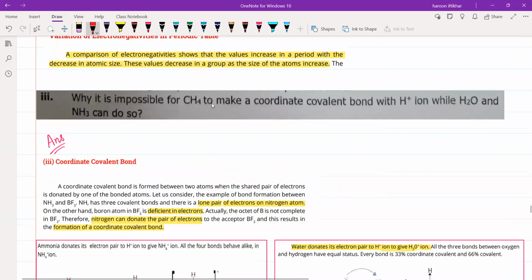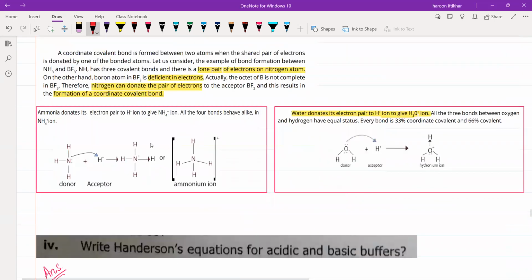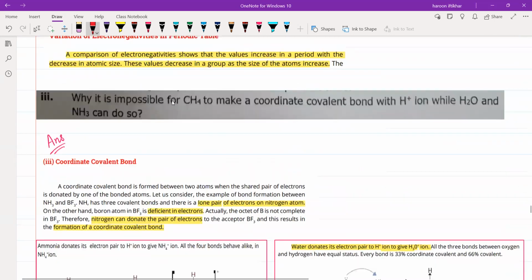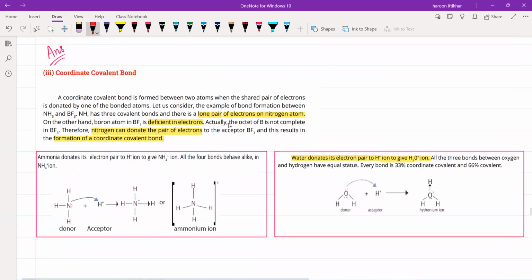Why is it impossible for CH4 to make a coordinate covalent bond with positive ions, while water and ammonia can do so? Water and ammonia have lone pairs. You can see there is one lone pair on nitrogen and two lone pairs on oxygen in water, while in the case of CH4 there is no lone pair. You know the structure of CH4?